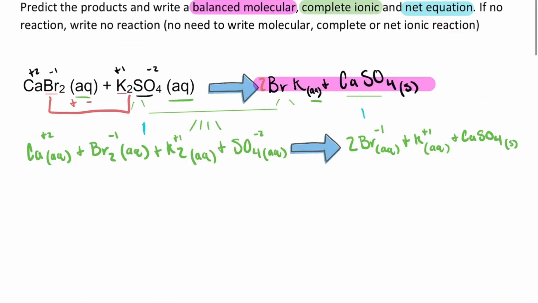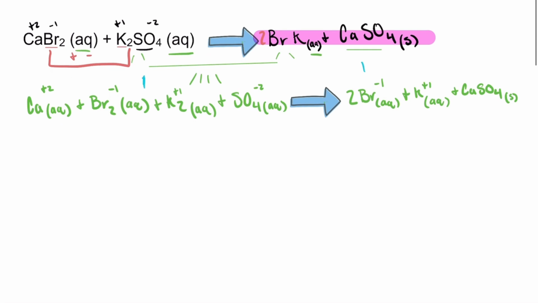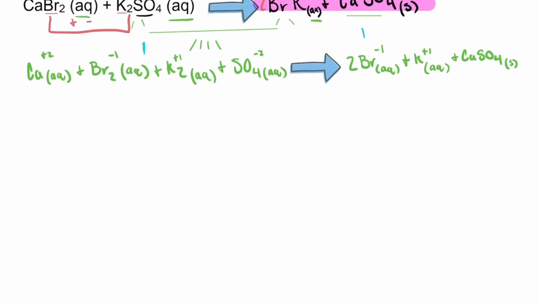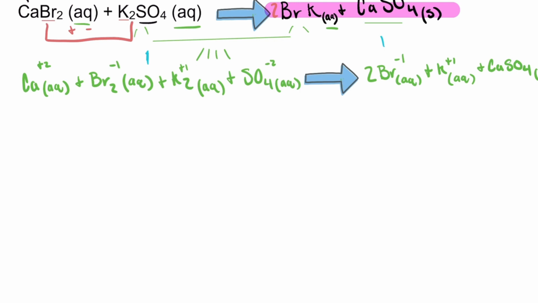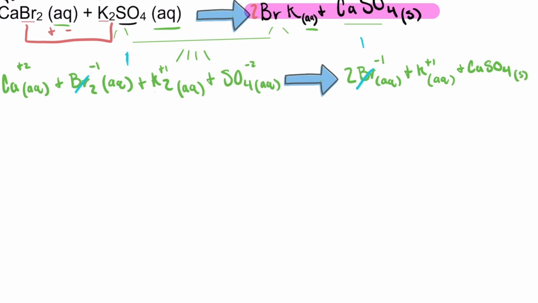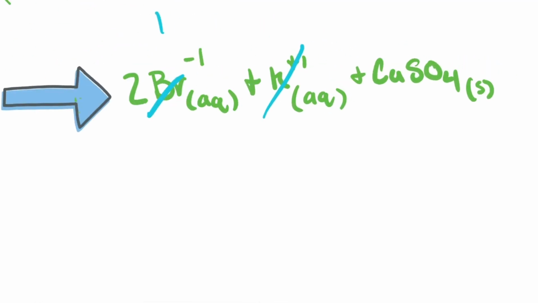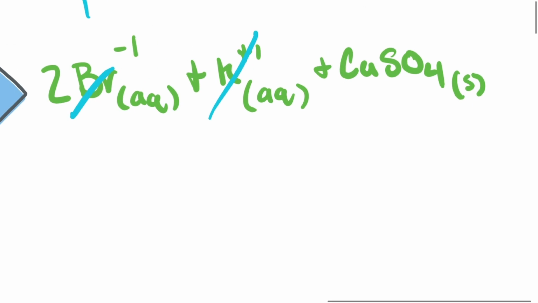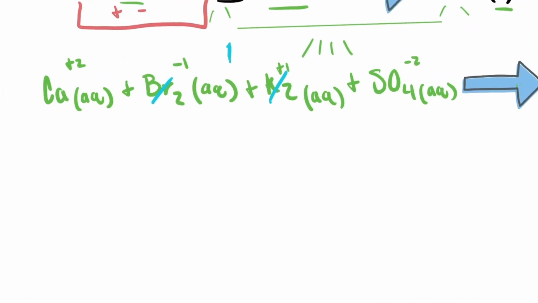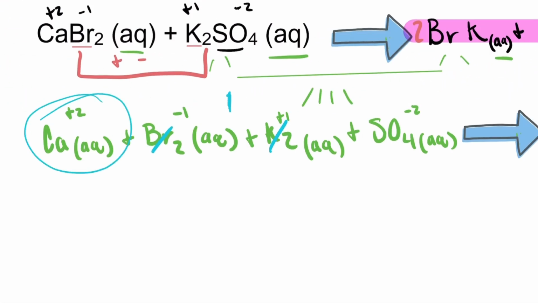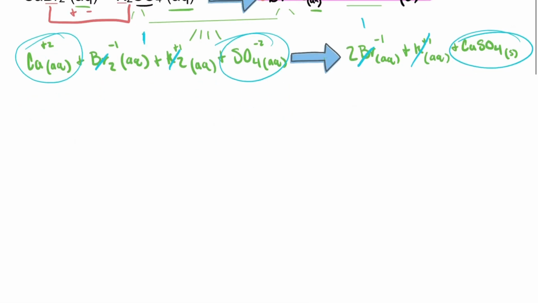In this case, for the net ionic equation, we're basically just going to write out what changed. On both sides, we can see that bromine stayed the same, and potassium also stayed the same. So the only ones that changed are calcium sulfate and these ions.